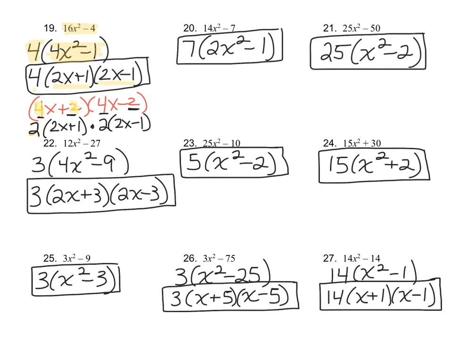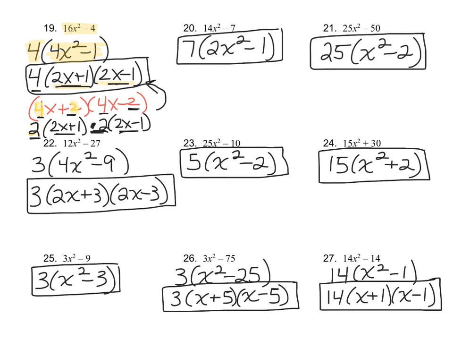So then notice, because this is all multiplication, this is not an addition sign, this is a multiplication sign, you can multiply 2 times 2, which brings you back to that answer. You get a 4 on the outside, and then these factors, 2x plus 1 and 2x minus 1, can go together. So your factors cannot contain any GCFs, or it's not fully factored.